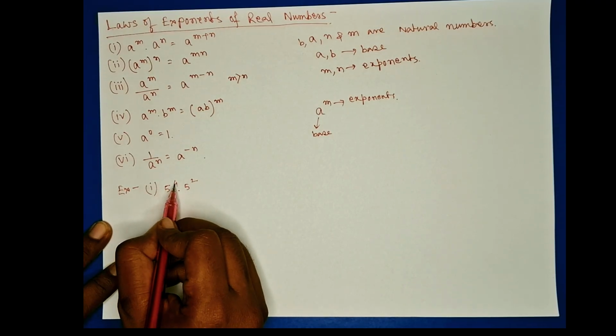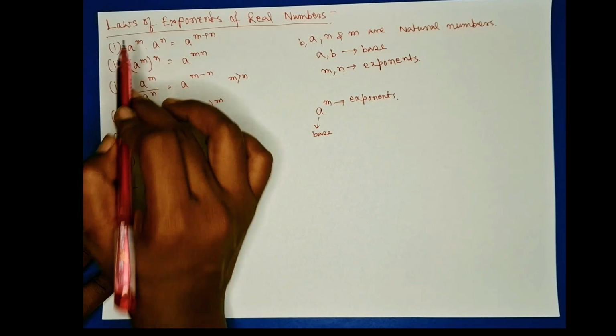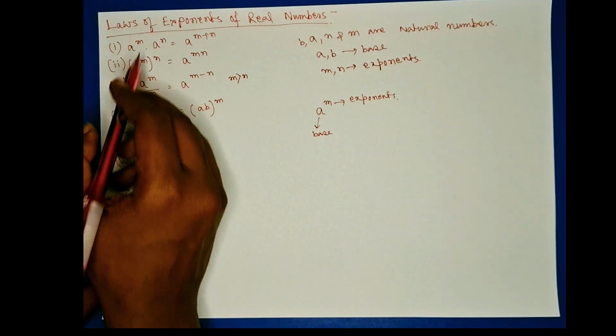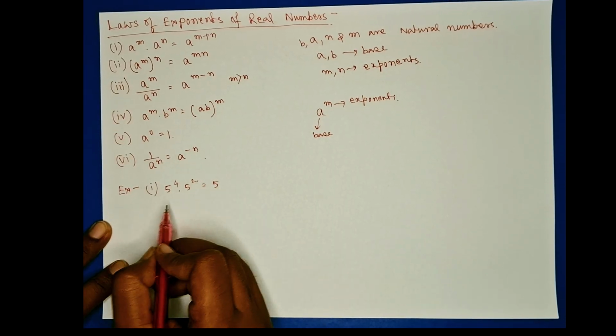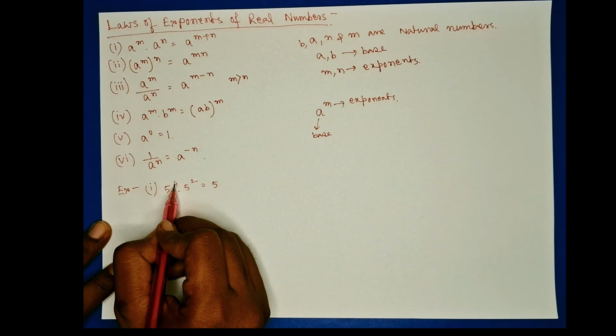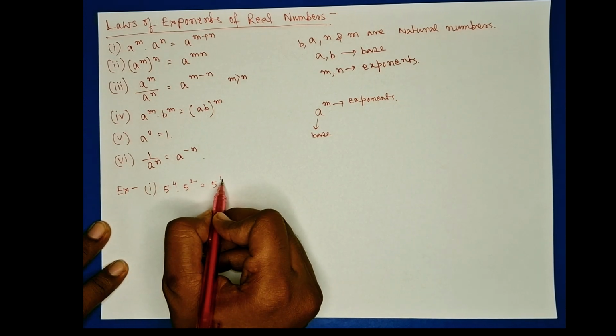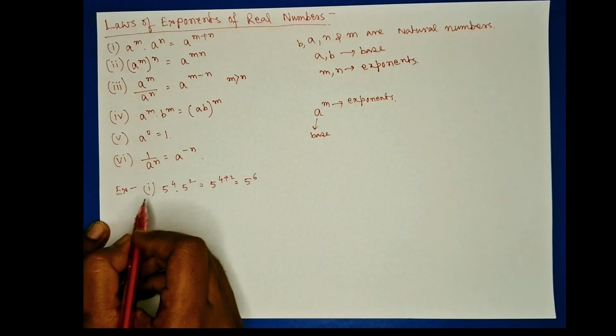So as per the first law, what will this be? A to the power m plus n. What is a? A is 5. 5 to the power m plus n. This is m and this is n. So 5 to the power 4 plus 2 is equal to 5 to the power 6.